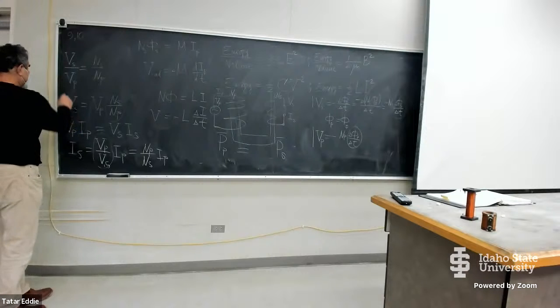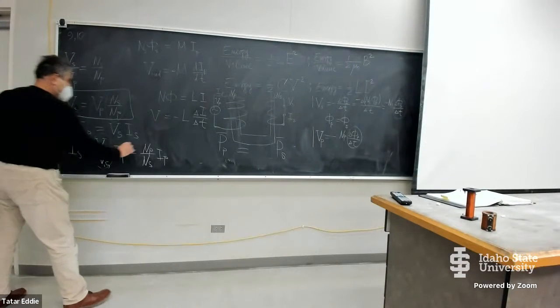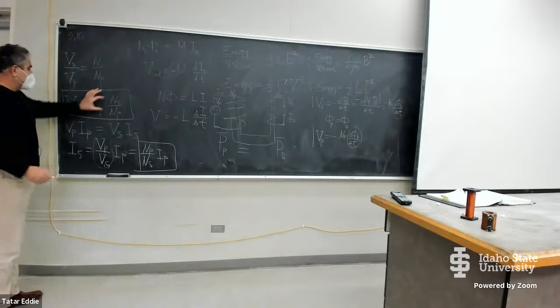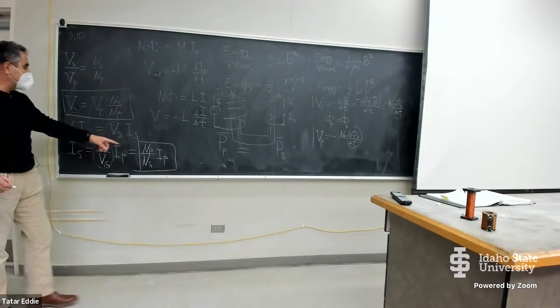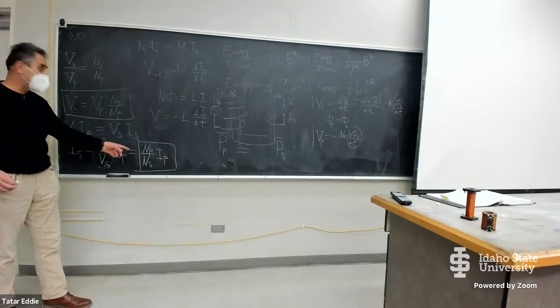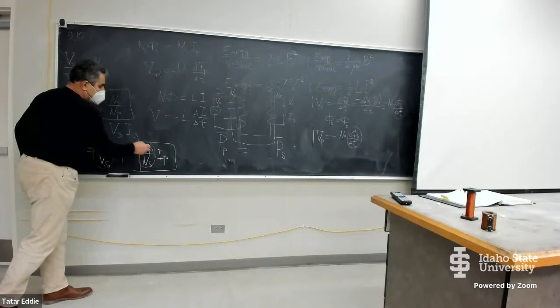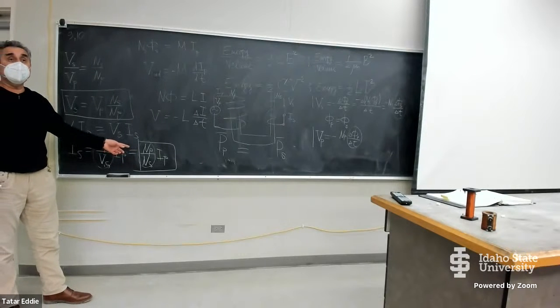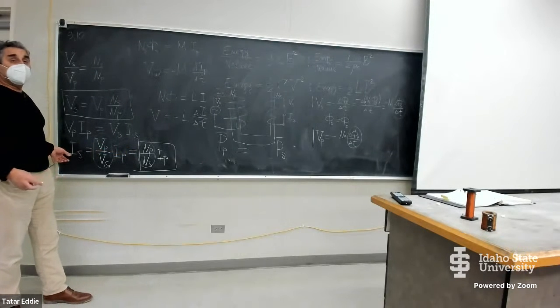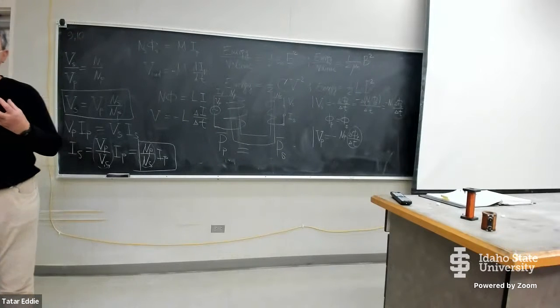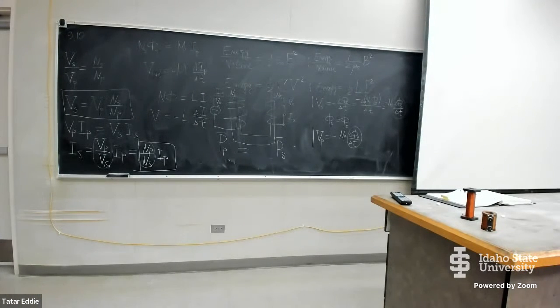So it is a similar expression like the voltage, but it is reversed. This means that if you have a step-up transformer, this ratio is going to be smaller than 1, and the amount of current that you can draw in the secondary coil is going to be reduced compared to the current that is flowing in the primary coil. So you gain voltage, but you lose current in the secondary coil.